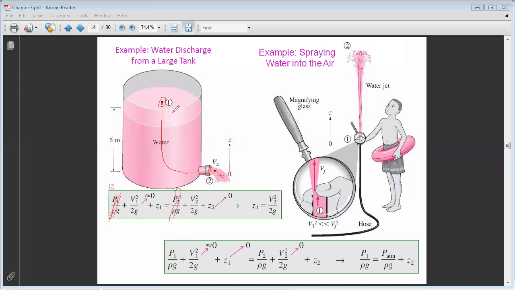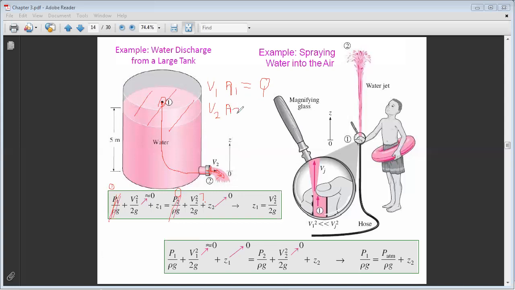Now concerning velocity, at the discharge section, I want to get V2. This is my unknown. At section 1, I have a velocity, but this velocity can be neglected. You know why? Because in the steady case, V1 times A1, which is the velocity the water will move down, will be equal to the volumetric flow rate Q, which is equal to V2 A2 because of continuity, as we have seen before for the examples of pipes.